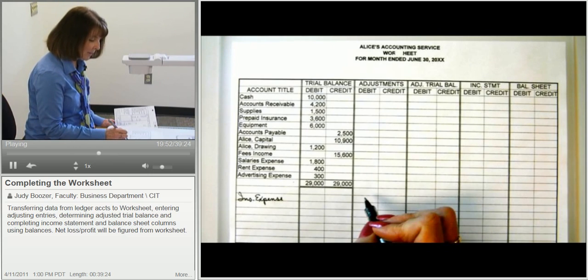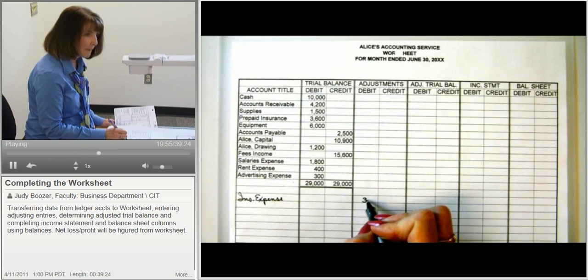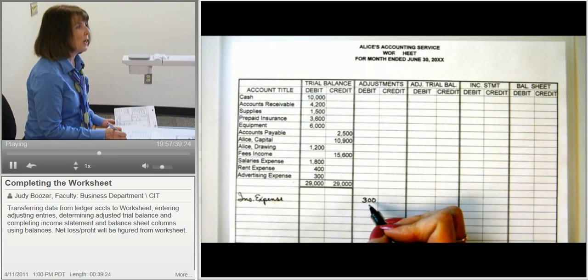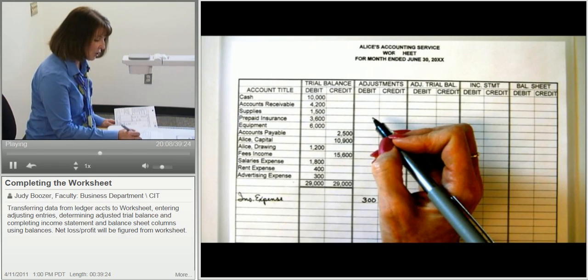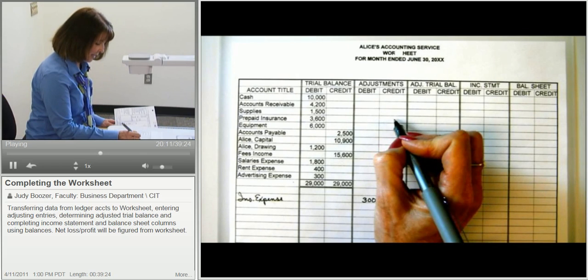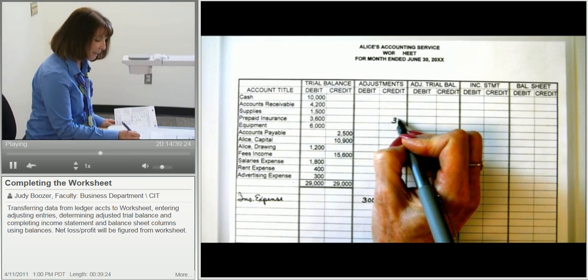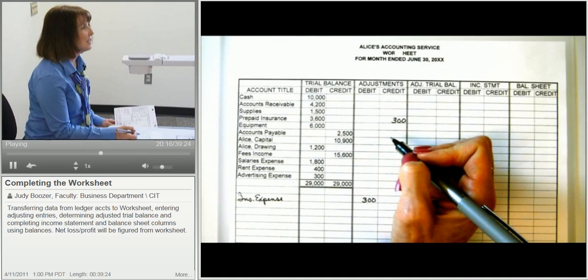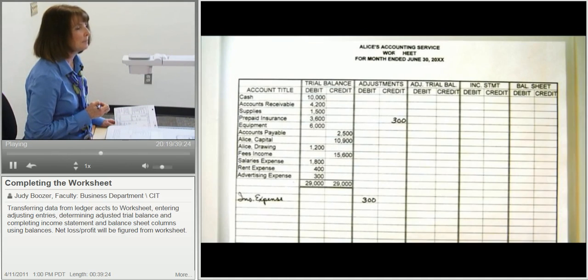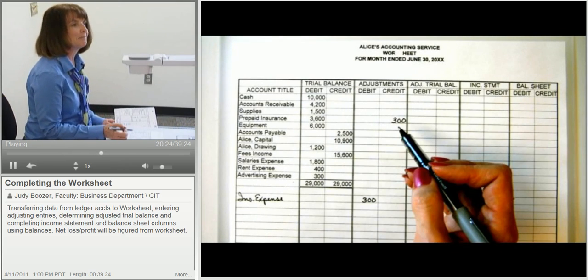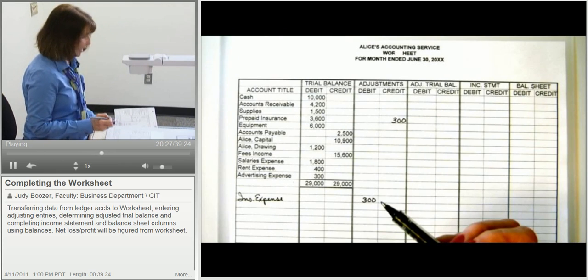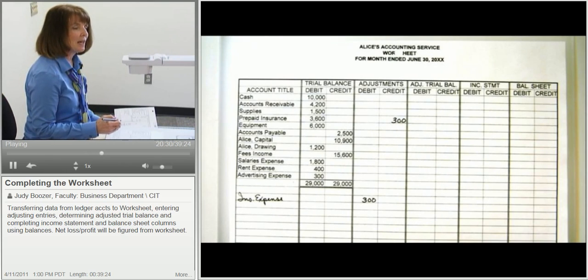So we're going to put in the debit column 300. Remember, for every transaction, you must have equal debits and credits. What's the credit going to go to? Good. We're going to come up to prepaid insurance, and we're going to put it in as a credit. So are we in agreement for that one? Does it make sense that we would credit an asset to reduce it? Yes. Okay, that is the first adjustment given.